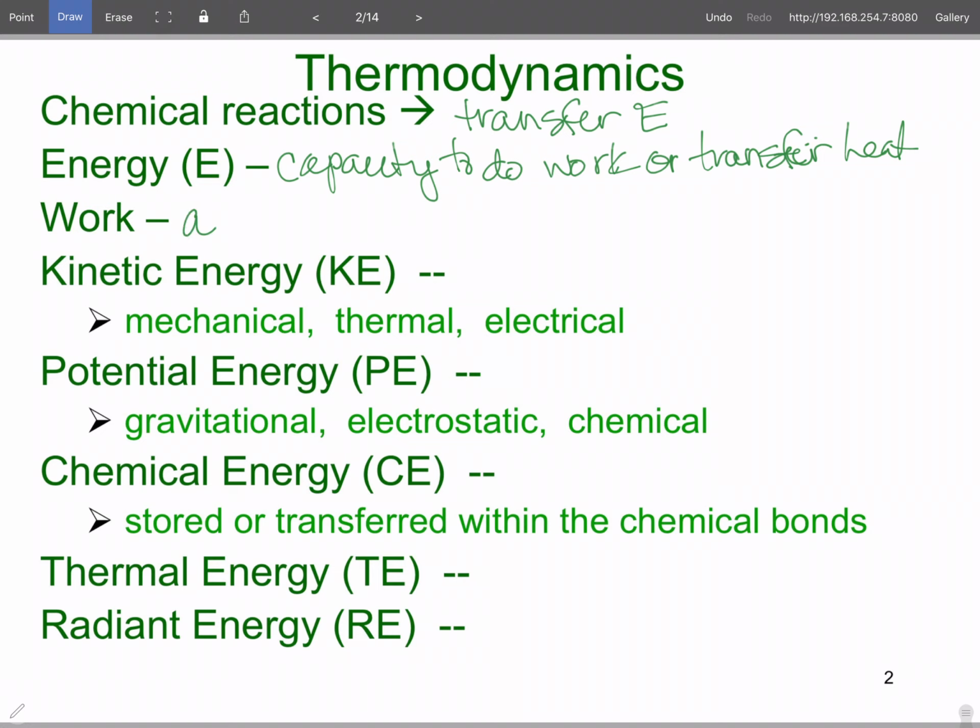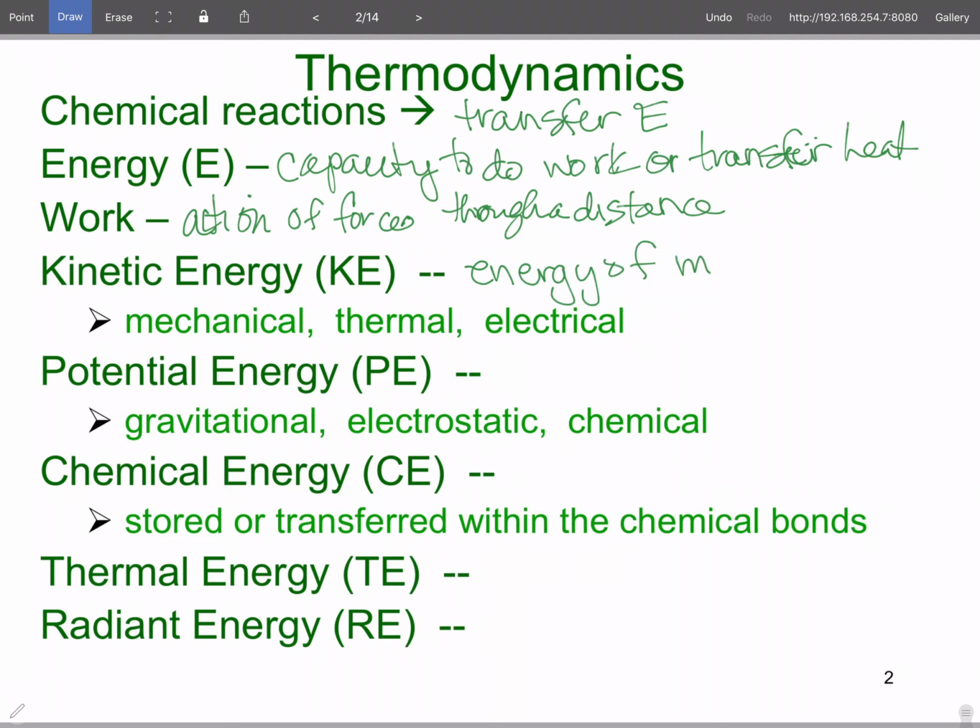And work would be the action of a force through a distance. Okay, and again, that's more physics based. We're going to look more at the heat transfer, but there are different types of energy. Kinetic energy is the energy of motion.